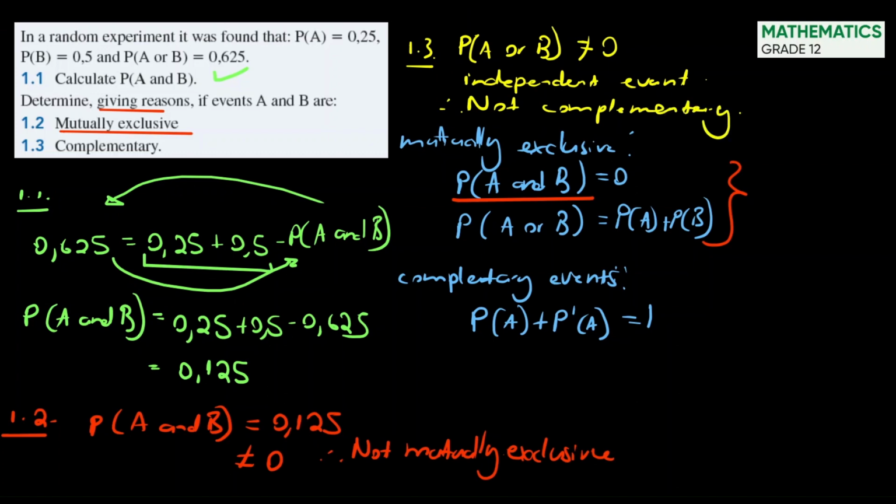Let's continue with this chain of thought to the next exercise. We're given events A and B, told that the probability of B is 0.3, the probability of A is 0.45, and the probability of A or B is 0.615. Now we are asked to determine whether events A and B are mutually exclusive. How are we going to do that?